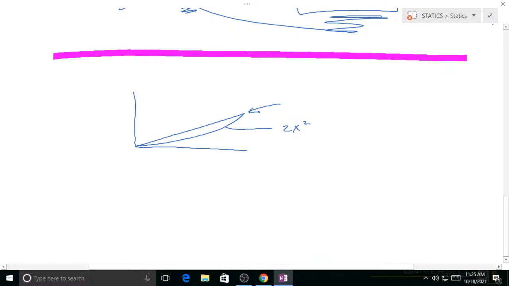Now the top has to be the line on the top, okay, so it's a straight line, and it goes all the way to 8, and it's 2. The rise over the run is 4. So this line on top is y equals 4x.